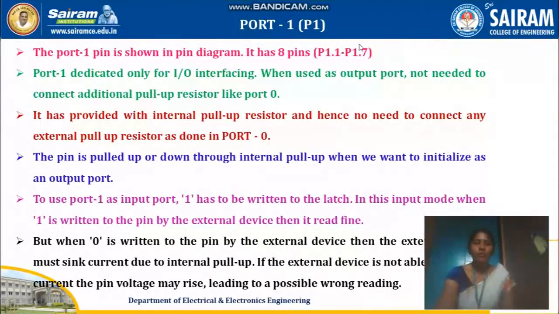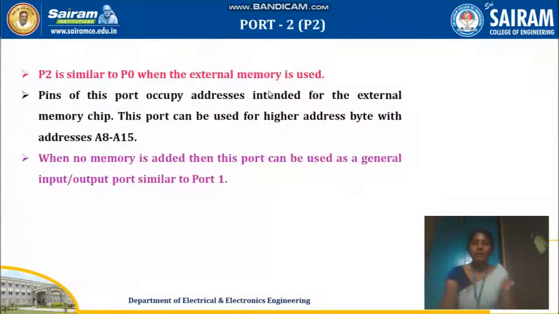Whereas in case of port 1, the pull-up resistor is connected internally, so no need to connect an external pull-up resistor as in case of your port 0. So when we want to utilize this as an output port, here we need to give 0. Suppose if you wanted to use as an input port, we need to write 1 in this particular port. Also you can access this port as a byte parameter, or even you can use it as a bit parameter.